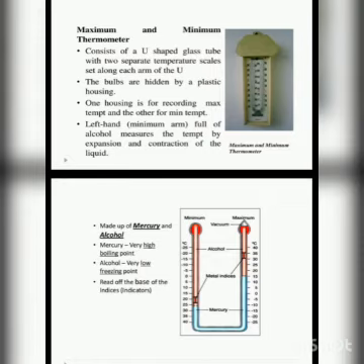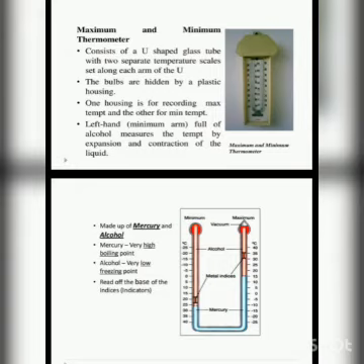As we know, alcohol has a very low freezing point, as alcohol is used in nail paints also. And in the second tube, mercury is used. Mercury, as we know, is a heavy metal. It has a very high boiling point.